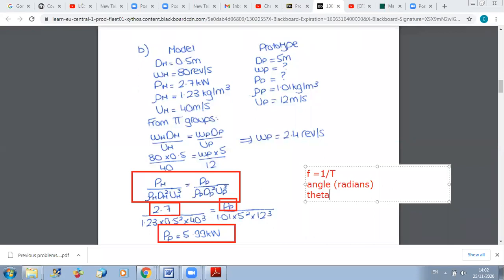What else? If you have a number of blades, or a number of objects, any number that is not representing a certain dimension will be without unit. The angle we said. I cannot remember anything else now.